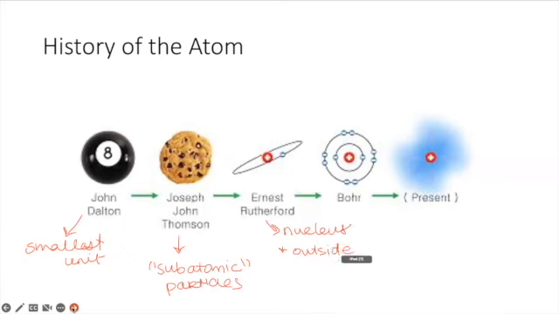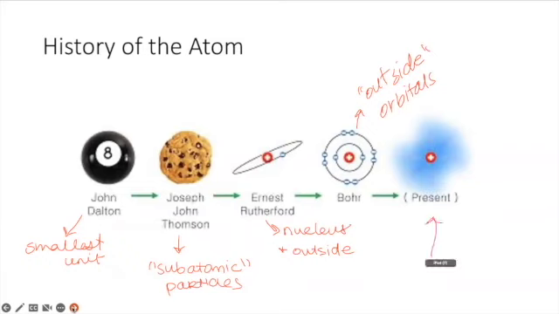Then Bohr, which might be a name you recognize, came along and said, yeah, I think the outside that you're referring to, Rutherford, is these orbitals. And I think electrons, which we'll get to in a second, only exist in these orbitals.